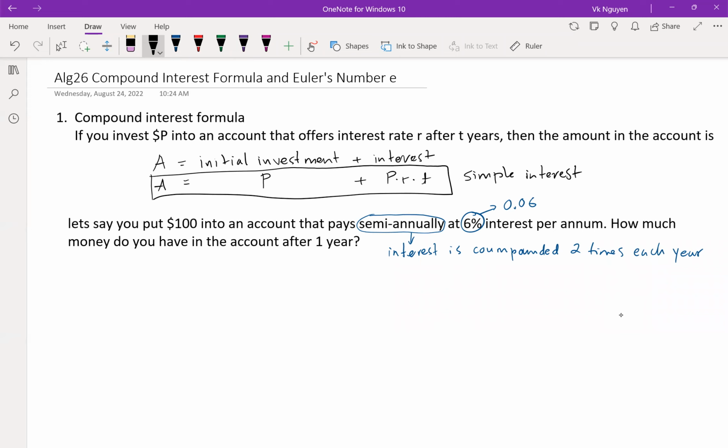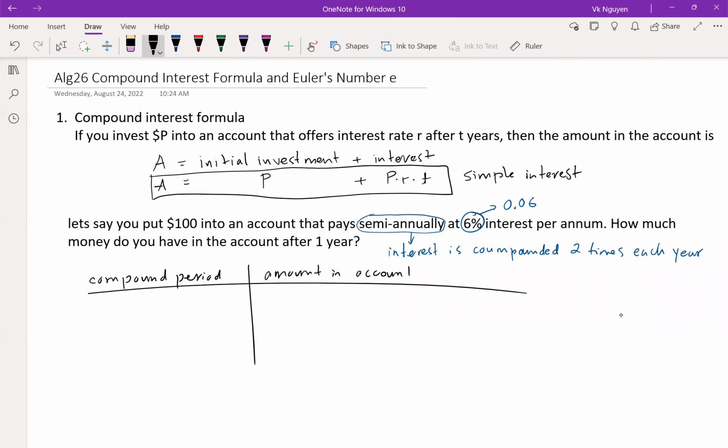The compound period and the amount in account. Well, we have the first half, that is 6 months.